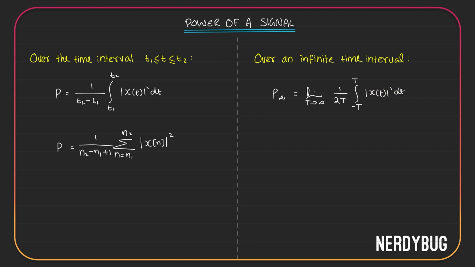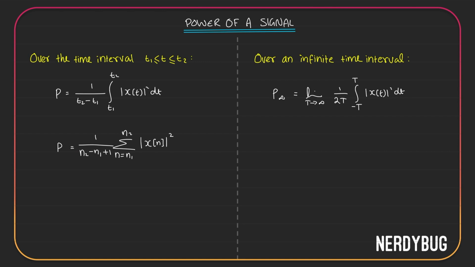Why did I give limit here? Because here I am giving t2 minus t1, right? t2 is my upper limit, t1 is my lower limit. Over here my upper limit is infinity, lower limit is minus infinity. So I should be writing infinity minus minus infinity to infinity. That's weird, right? We don't write like that. We don't add infinities. So what we do is we apply limit.